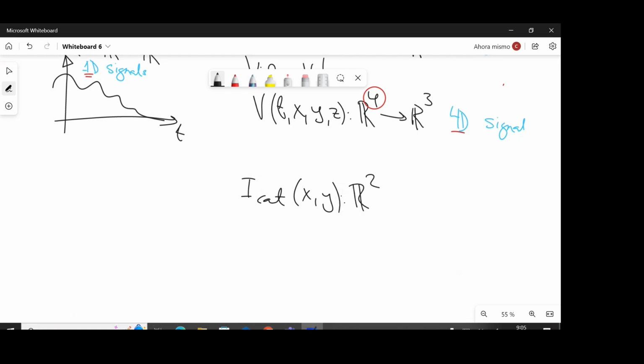So it goes from R2 to the cat's color. So what is the range? R3. So this is R3. Okay, what about the volume of the brain?